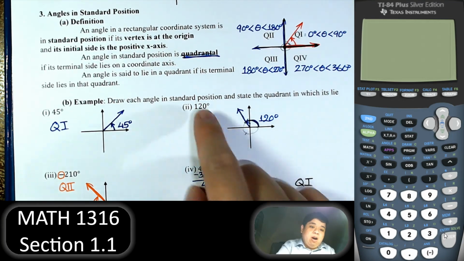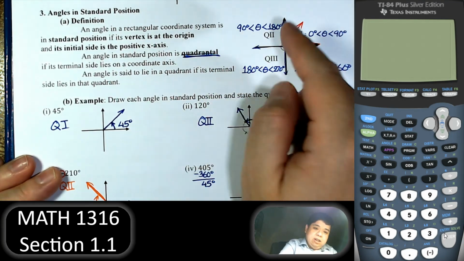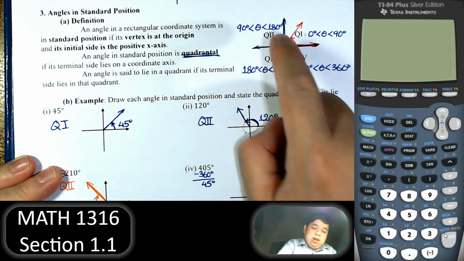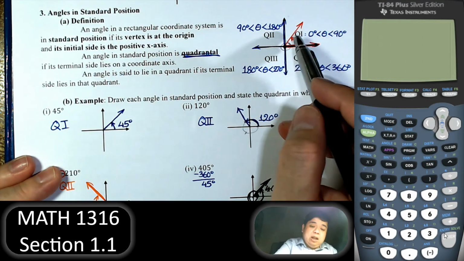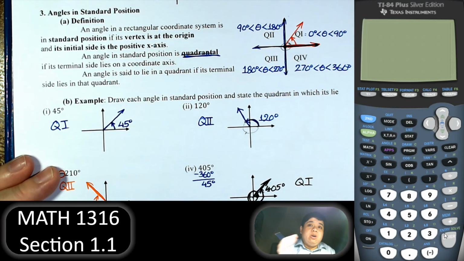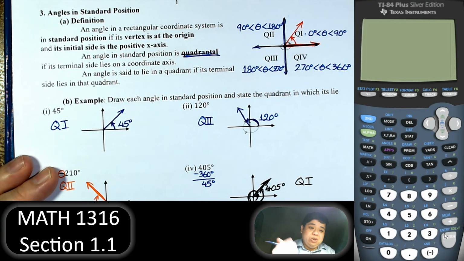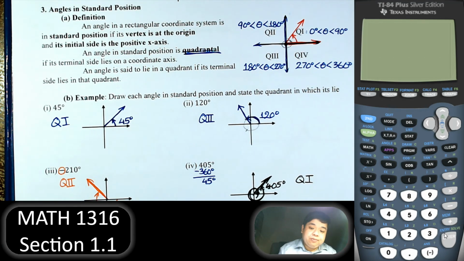Then we define quadrantal angles as multiples of 90 degrees. Could be 0, 90, 180, 270, 360, and so on. Could be negatives of those as well.